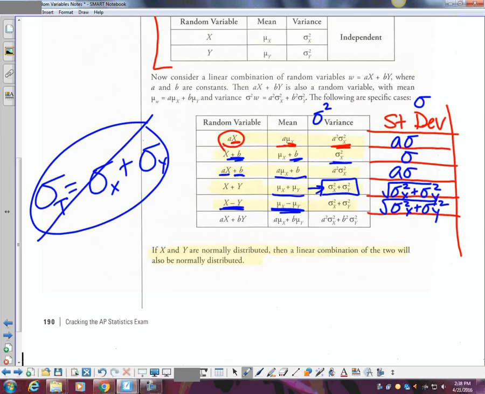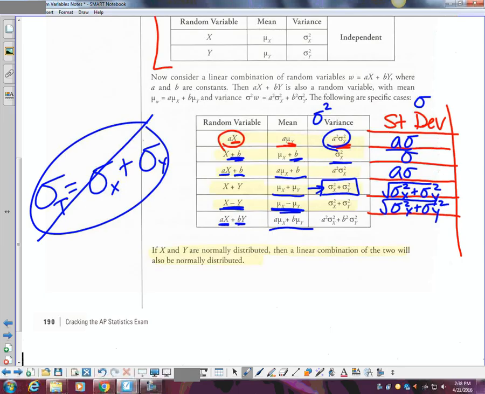Now, if I'm going to multiply them by something and add them together, then that's exactly what I do to my means. But for my standard deviations, and remember this one, when they were squared, we just went ahead and square rooted both of them, right? Can I do that here when they're added together?